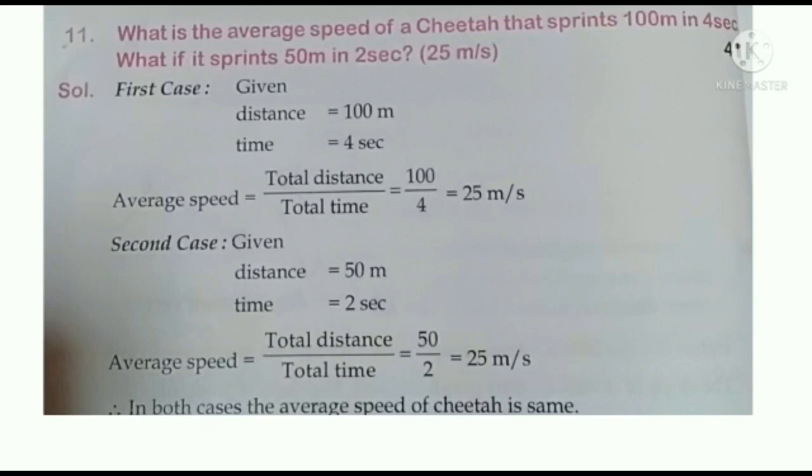When the cheetah travels 100 meters in 4 seconds, and also when it travels 50 meters in 2 seconds, the average speed is equal to 25 meter per second.